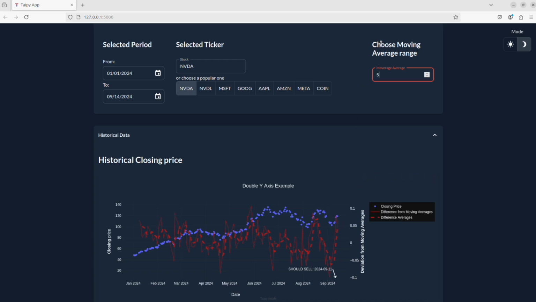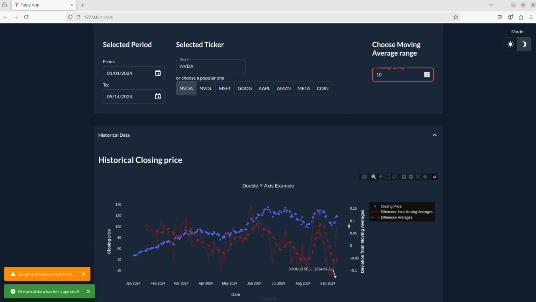Therefore, it seems that 5 moving average days right now is not that ideal yet. Then let's make it, let's say, 10 moving average days, if that would help.